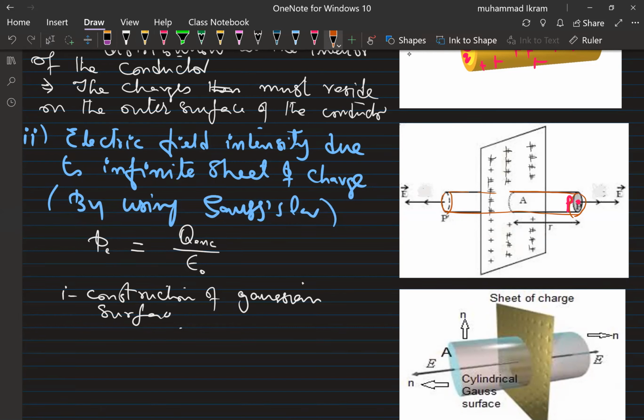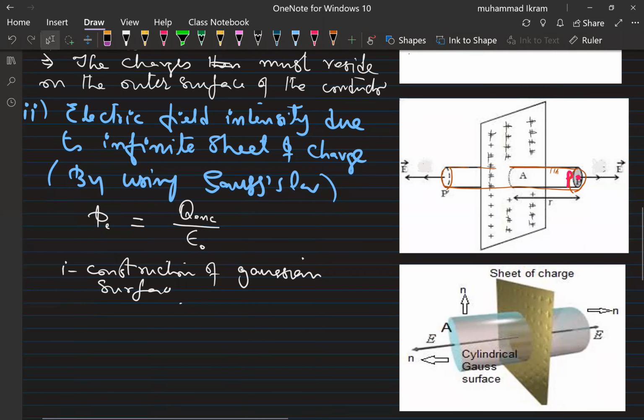Now you see we have three surfaces in this diagram. Look at this 3D diagram, the cylindrical Gaussian surface. We have the curved surface. First of all, we have these cross-sectional surfaces, one this surface and one that one.